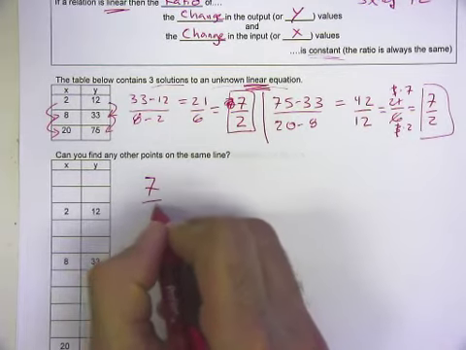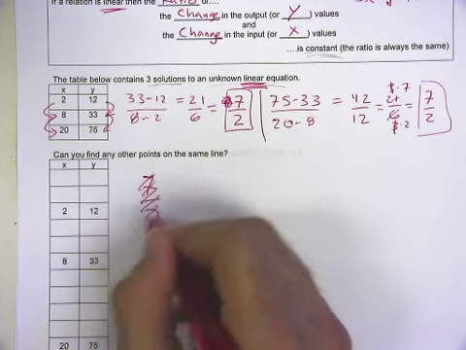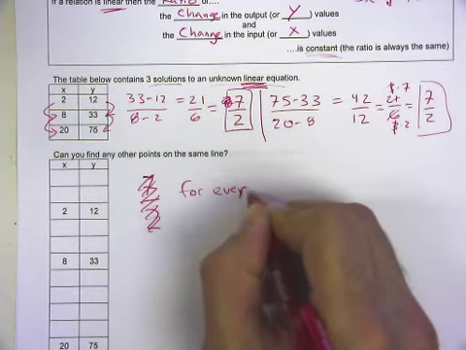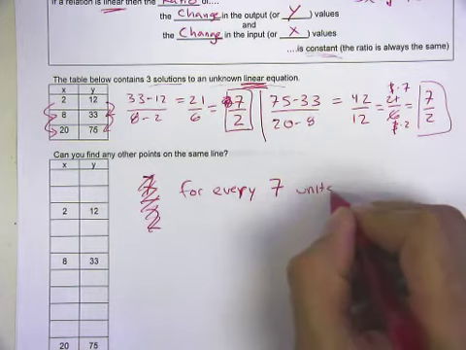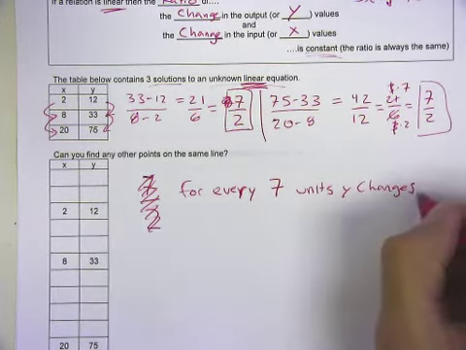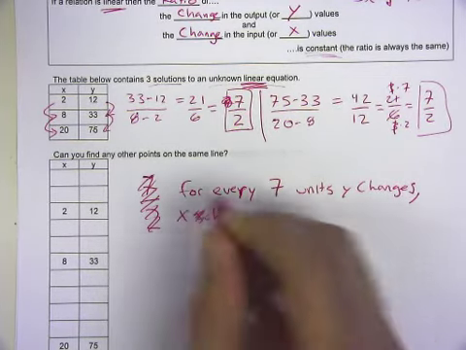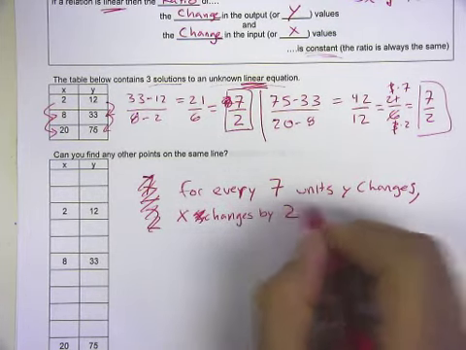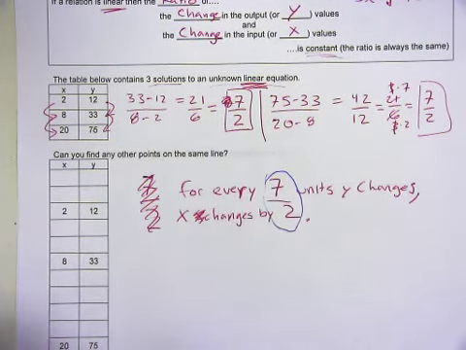Remember, what the ratio of change tells us is that for every 7 units y changes, x changes by 2. There's really what that ratio tells us.